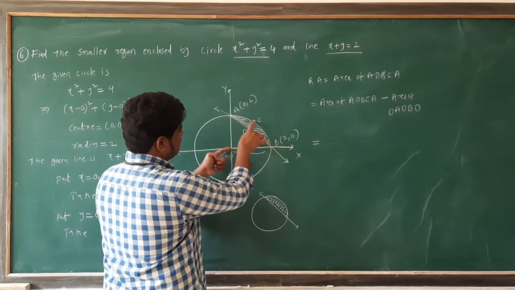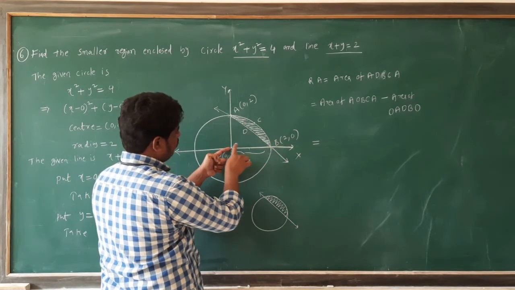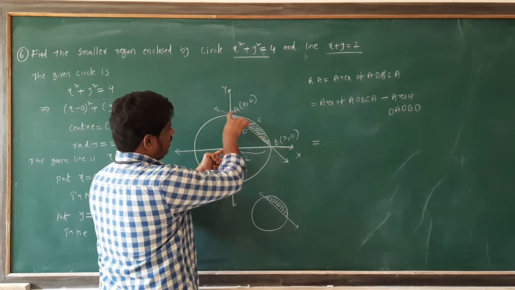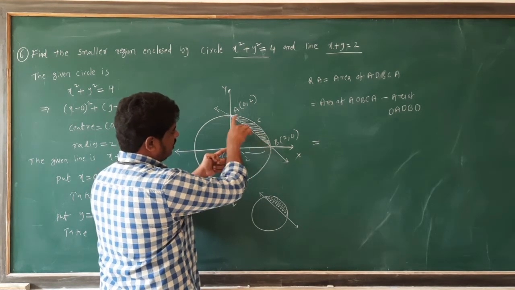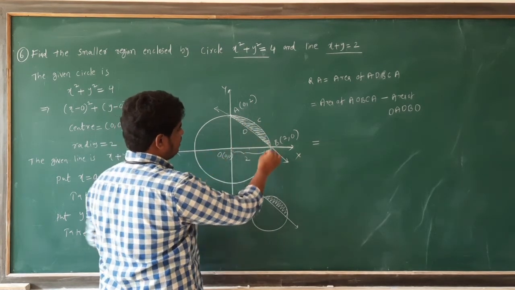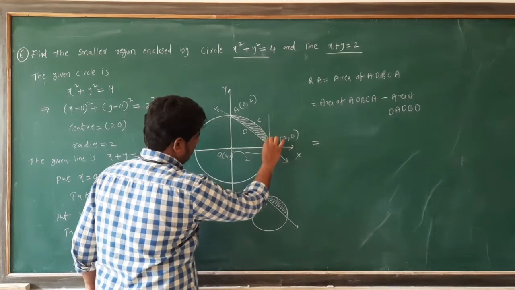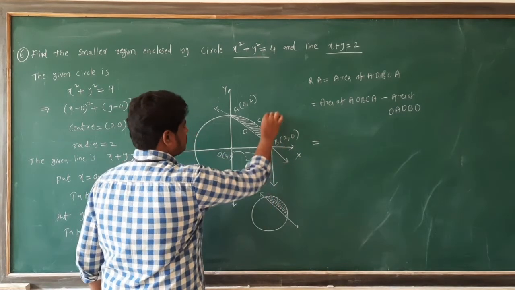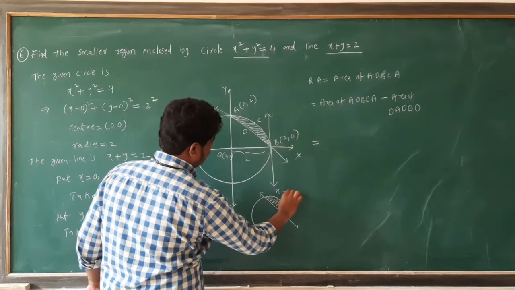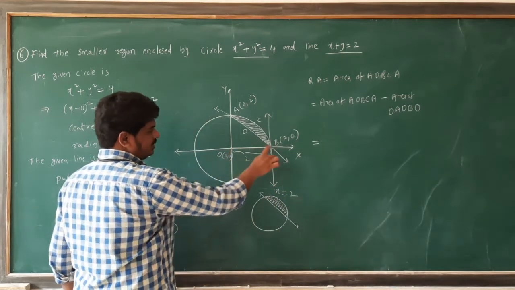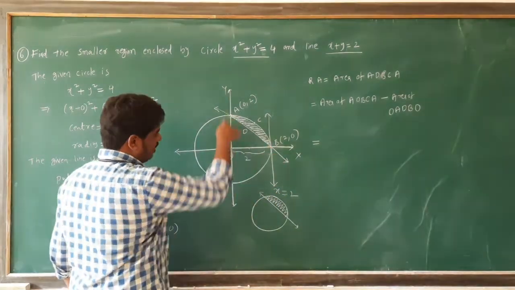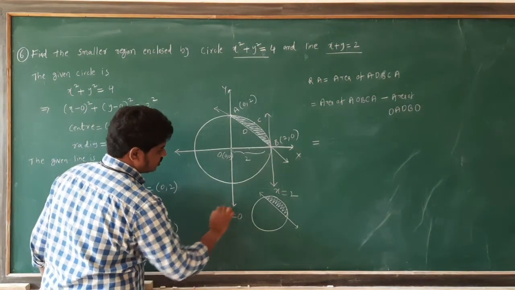OACBO, under the curve above the x-axis, and you just have to take this vertical line. What is the equation of this vertical line? x is equal to 2, because this length is 2 units. Okay. And the equation of this line is x is equal to 0.